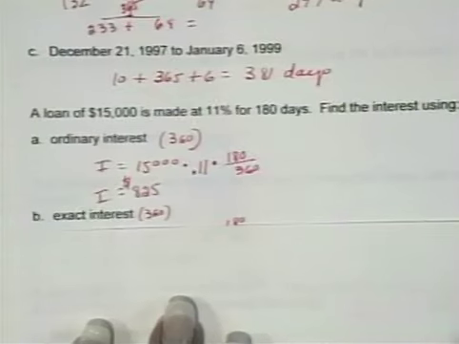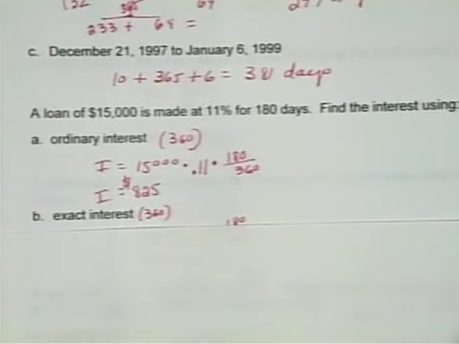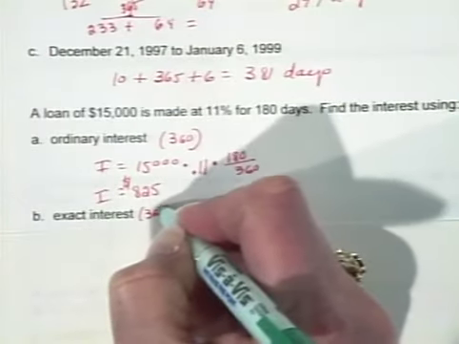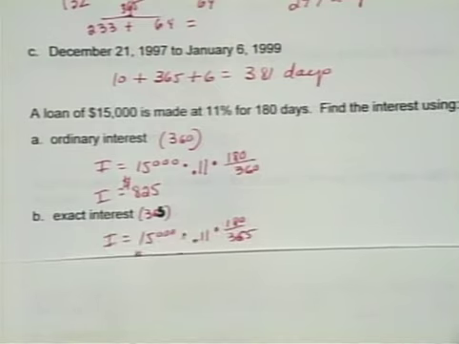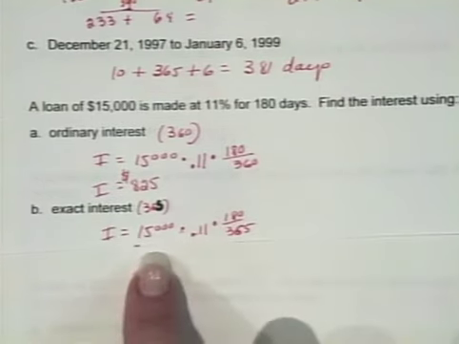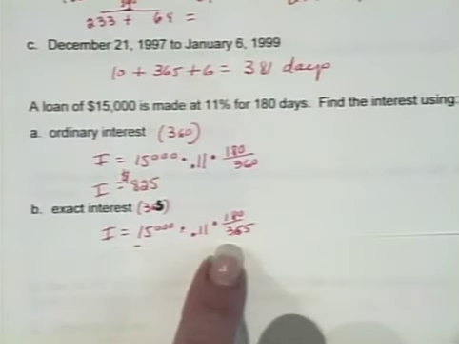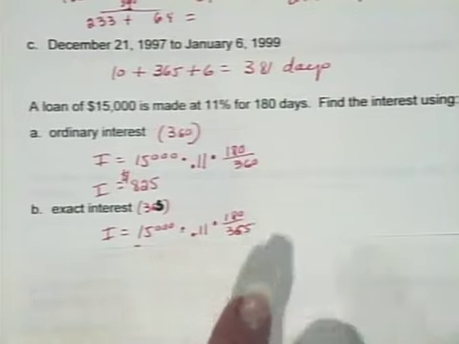Okay. The next part says, what if this was exact interest? I would then use exactly 365, yes? Same setup exactly, 15,000, 0.11, 180 over 365.